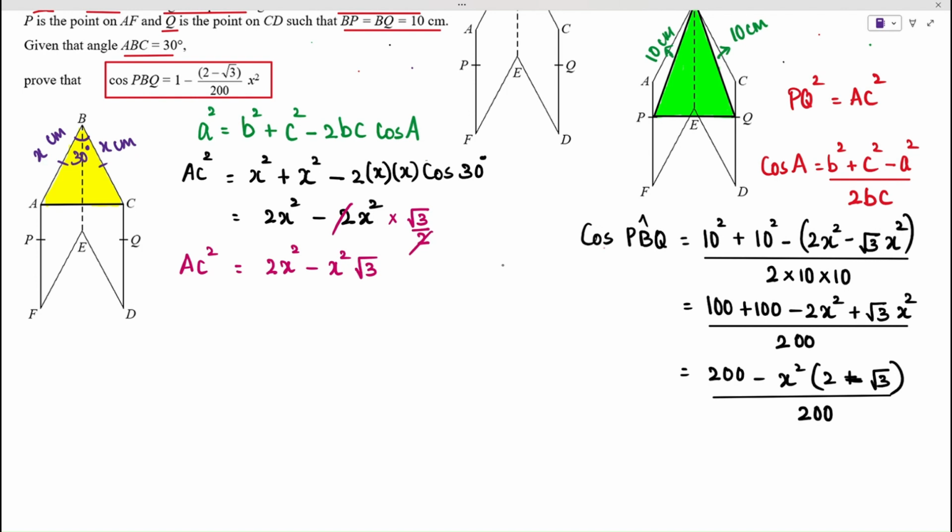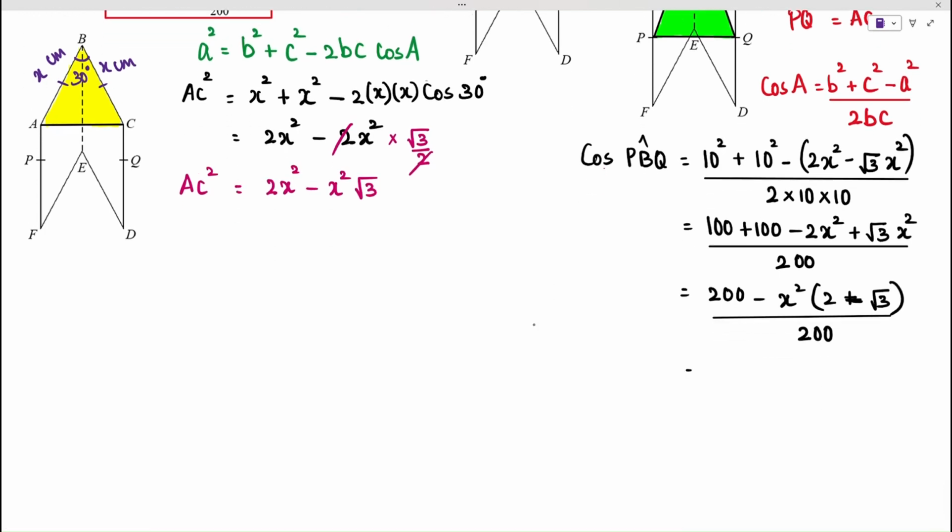Now, since the 200 and the values for x squared are separated by a minus sign, we can split it into two different fractions. So we get 200 over 200 minus x squared times 2 minus root 3 all over 200. So now we get 1, which is 200 over 200, minus 2 minus root 3 over 200.